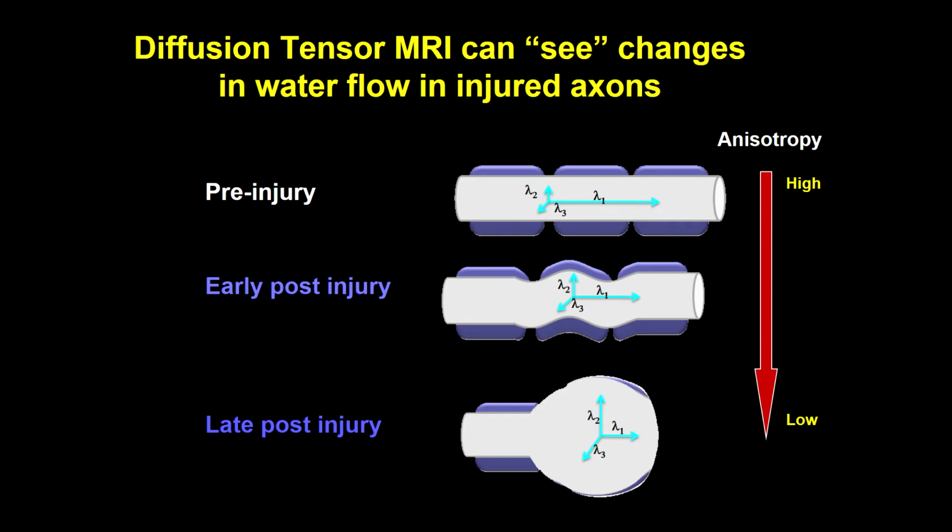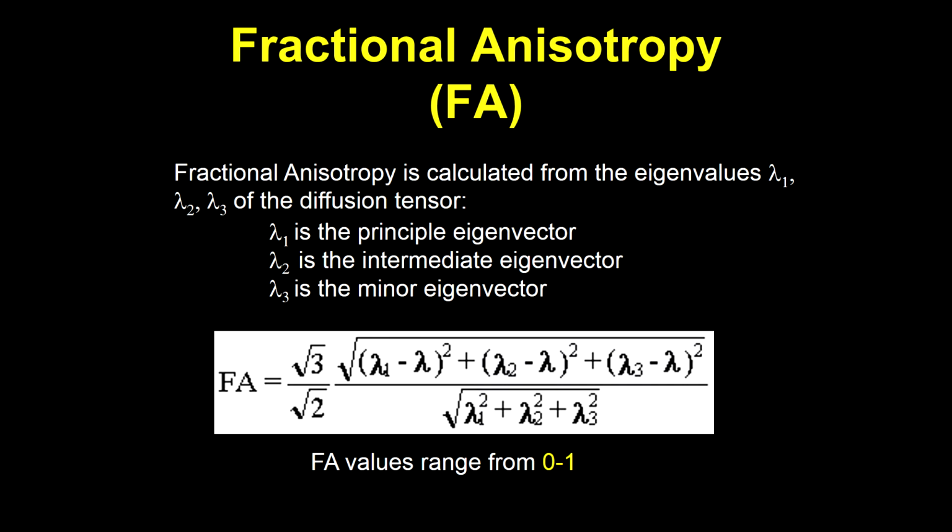So pre-injury, as we mentioned, is very anisotropic, meaning that there's one component that's much greater than the other two components, but that changes with injury. And we can represent, we can index the directionality of the water flow using a parameter called fractional anisotropy. And very briefly, this is the equation for fractional anisotropy.